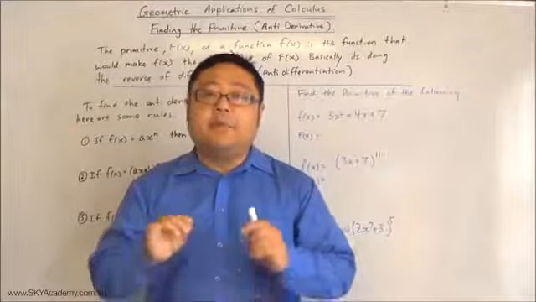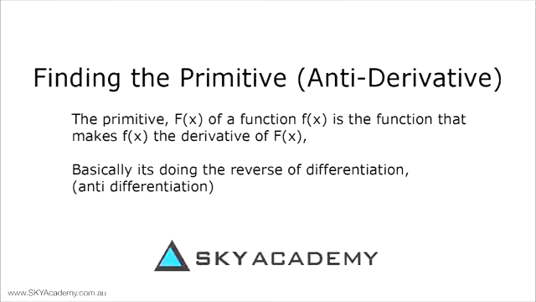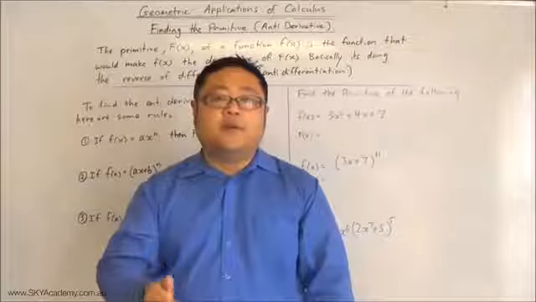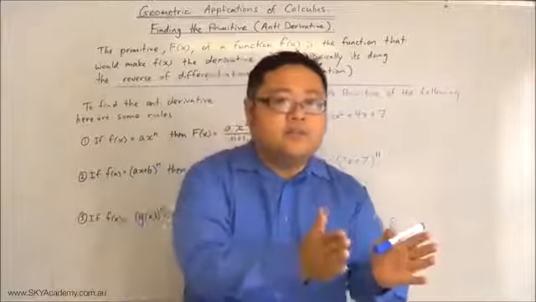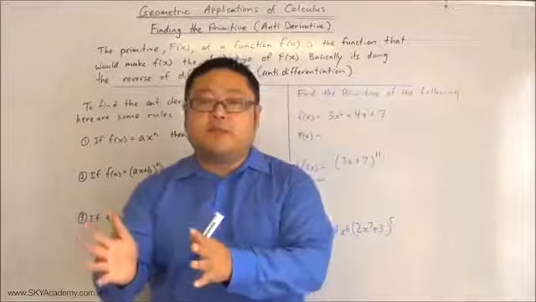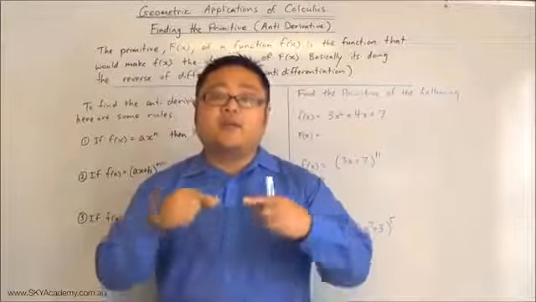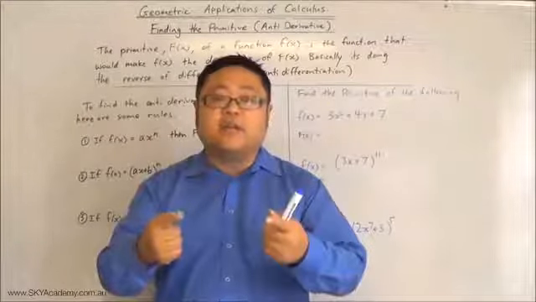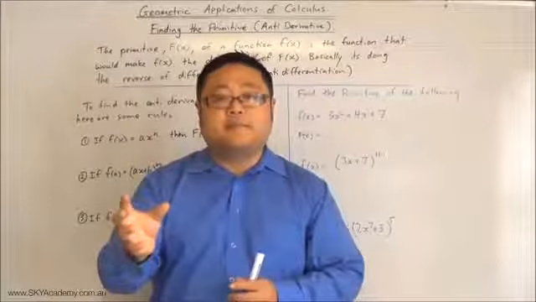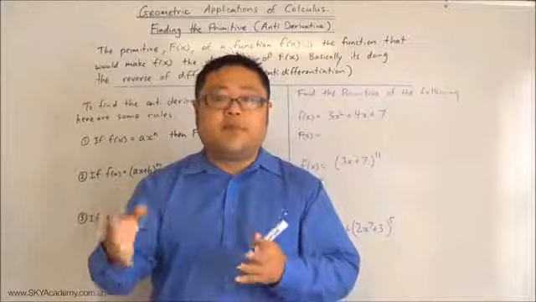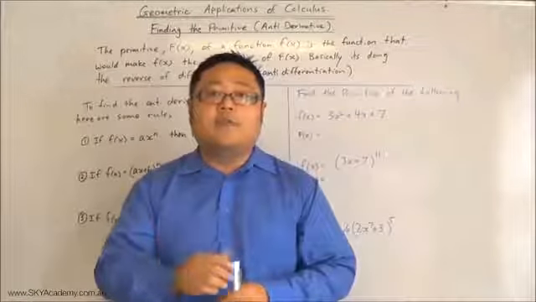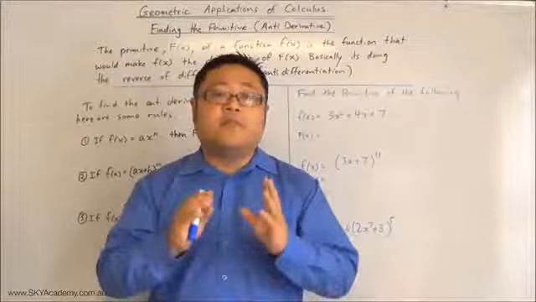Simply put, finding the primitive or the antiderivative is really just reversing differentiation. Just like division is the reverse of multiplication and subtraction is the reverse of addition, finding the primitive or antidifferentiation is the opposite operation of finding the derivative.